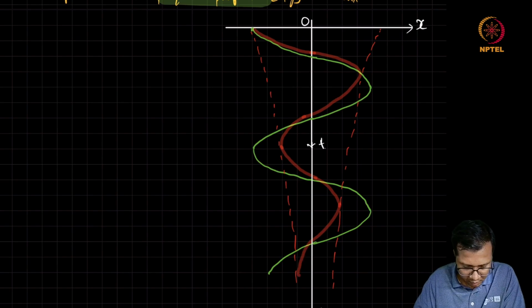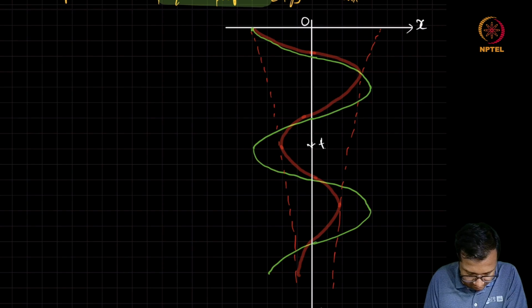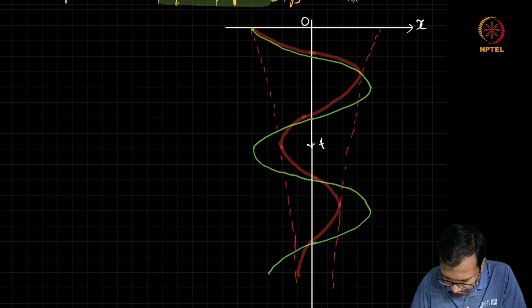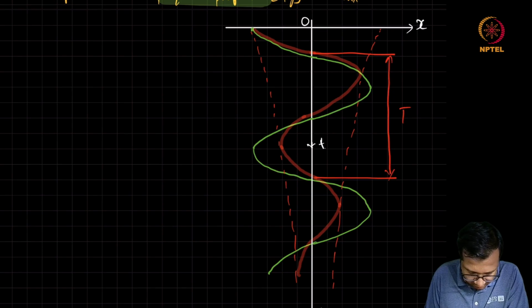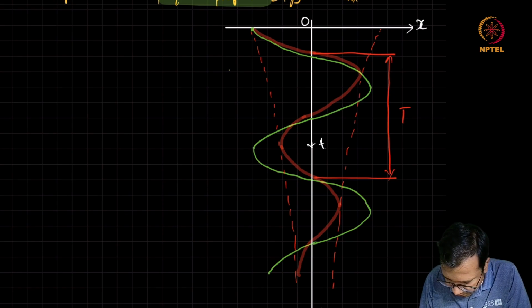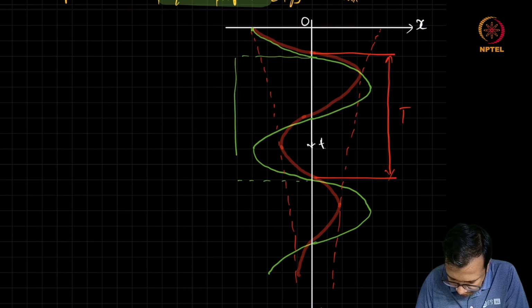So on. So we will find that period T is same as the period which we had in the case when there was no friction.